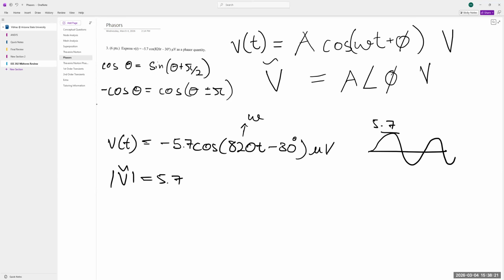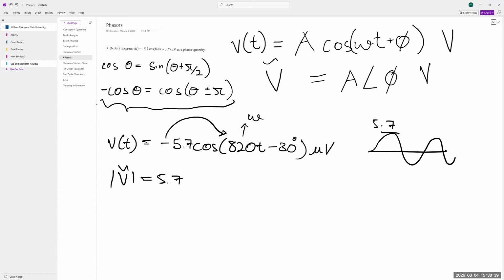How do we find the angle? Well, we have to account for this negative sign. We're going to put that into the argument of the cosine. So we're going to use this identity over here. There are these two identities. If you're given a sine, if you use this identity, you can go back to a cosine.